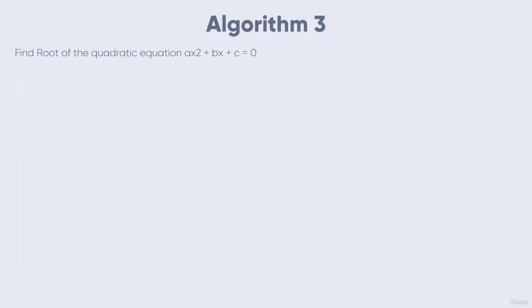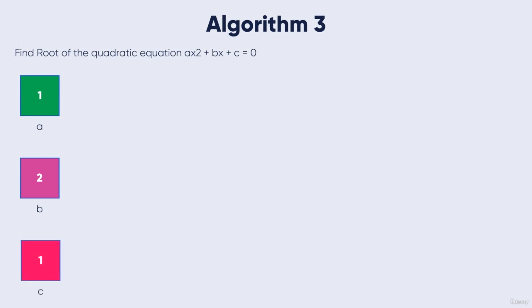Let's take algorithm 3: find the roots of the quadratic equation ax squared plus bx plus c equals 0. In order to solve an example like this, we should declare three variables, A, B, and C. We store A as 1, for example, the user entered 1. B, the user entered 2, stored inside it.